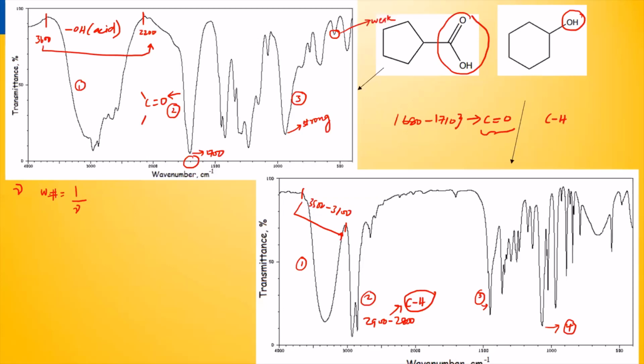So this peak, whether it's strong or weak, is usually also in most molecules. So this is not a giveaway. It's only peaks 1 and 2 here, and peak 3 is around 1580.